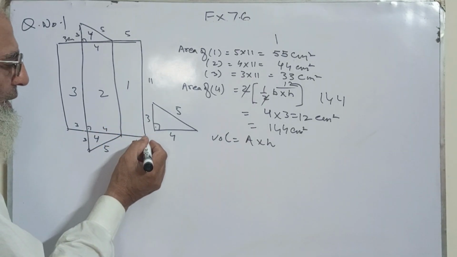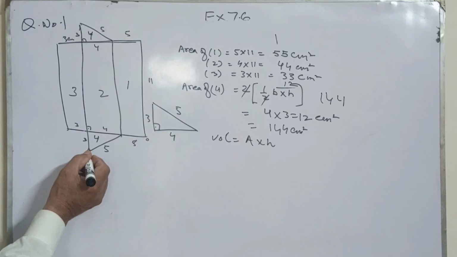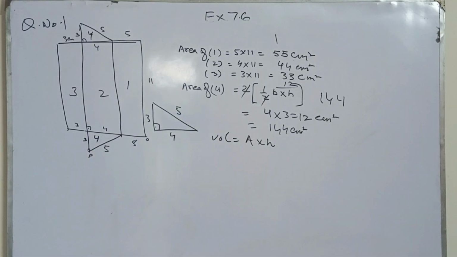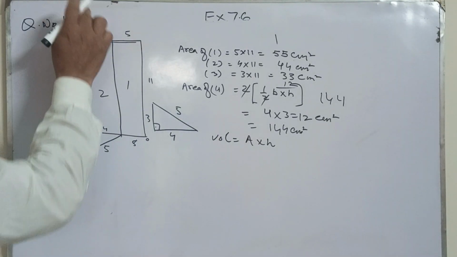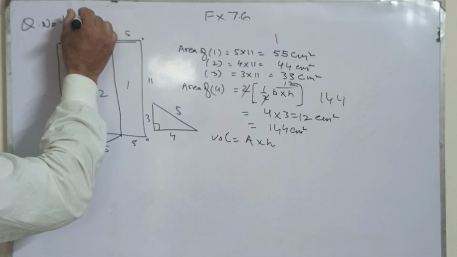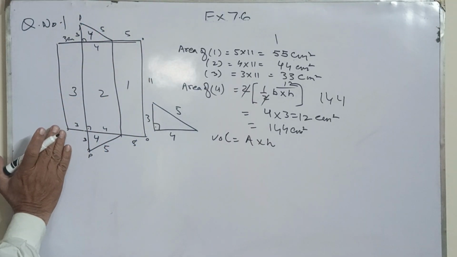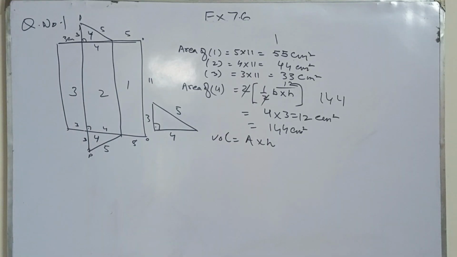If this is point O and this is point P, then point O will be joined at point P. Similarly here it will be done. This is point O, this is point P. So this will be folded like this and this will be folded like this.